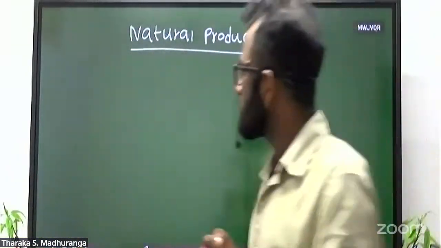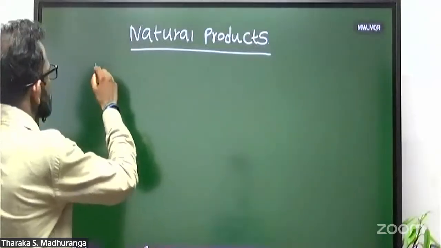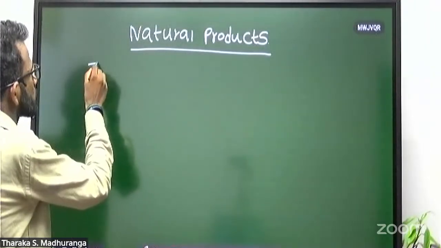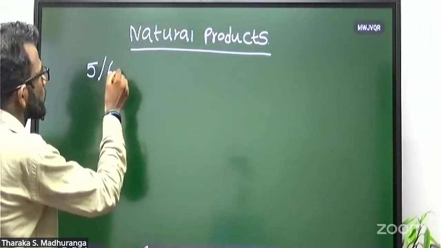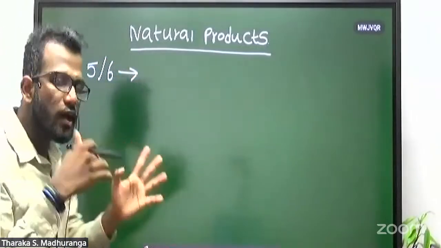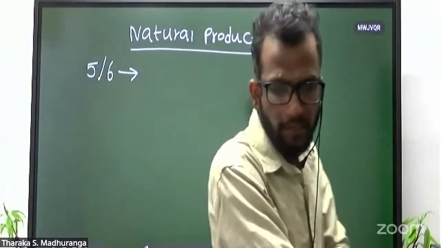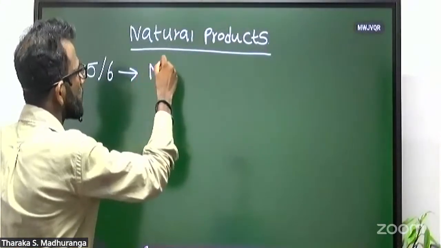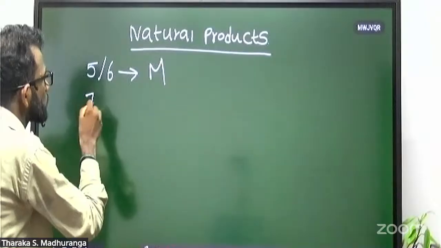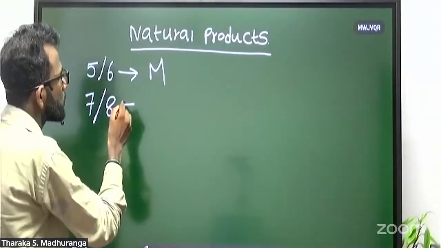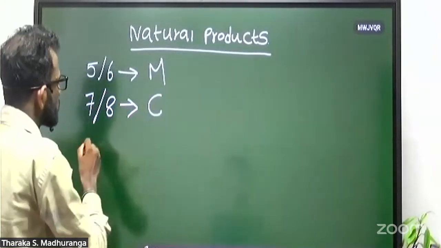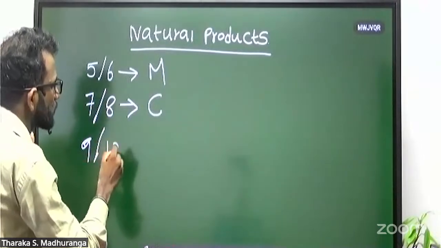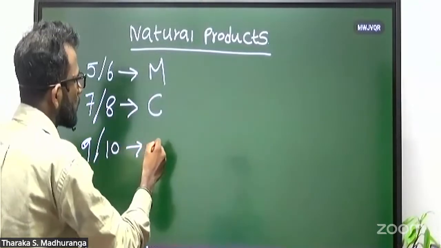The first 4 questions are structured essays; they are compulsory. The fifth question and sixth question come from the maths part. Then the seventh question and eighth question come from the chemistry part. The ninth question and 10th question come from the physics part.